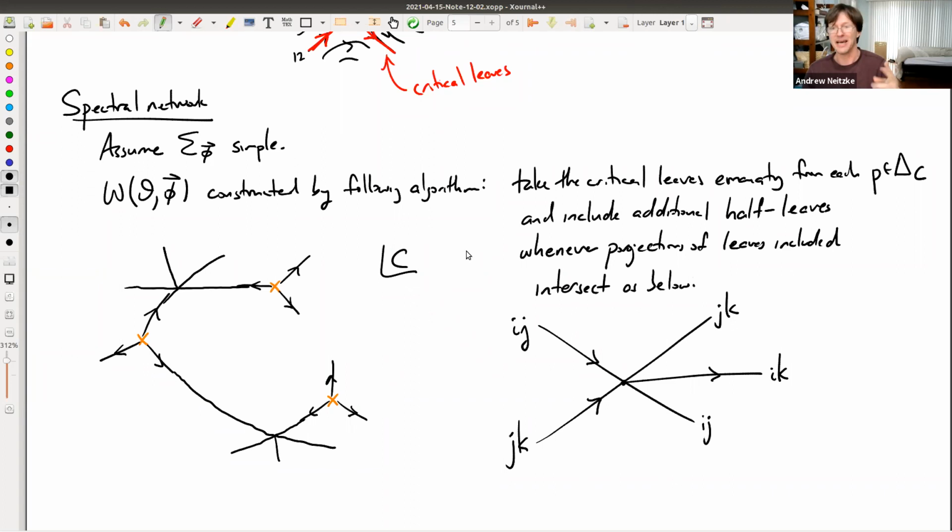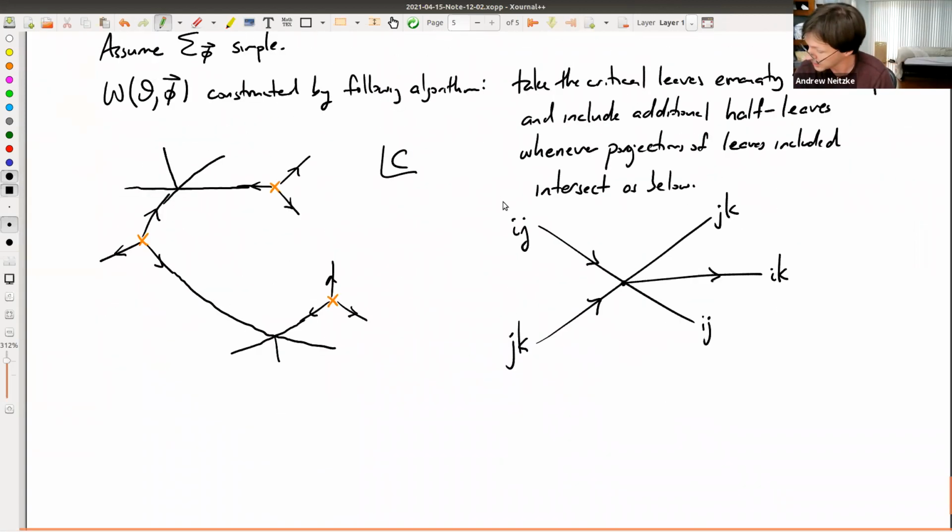When you consider the intersection of IJ and JK, you want them exactly in this order. IJ and KJ can intersect, but they don't give birth to anything new. Likewise, an intersection between IJ and IK is fine, that intersection can happen, but it generates nothing.